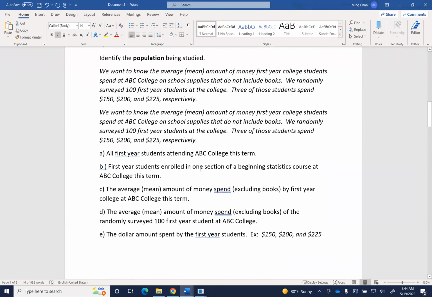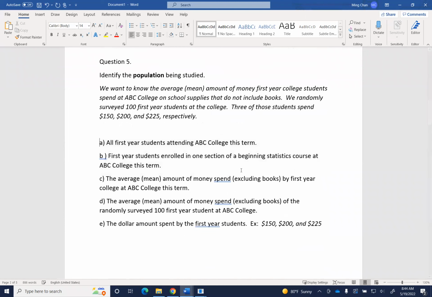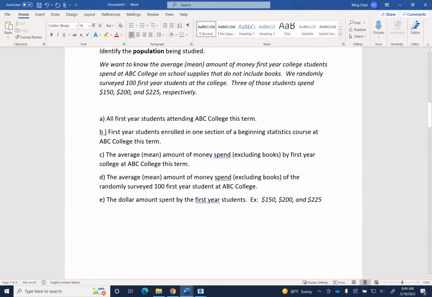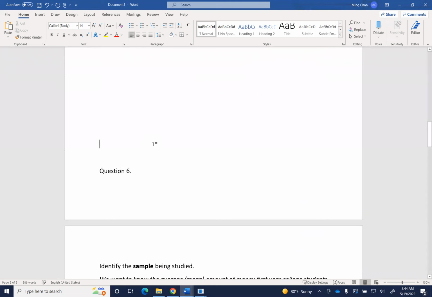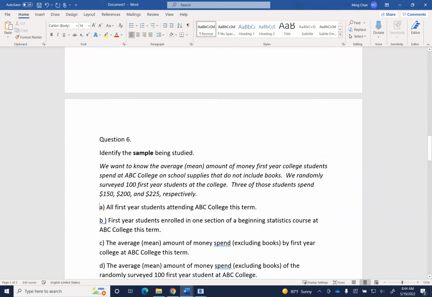Identify the population. This is the same question as earlier. This is the same scenario as question number 4, but this time you need to identify the population. Question 6 is a different scenario; identify the sample again.